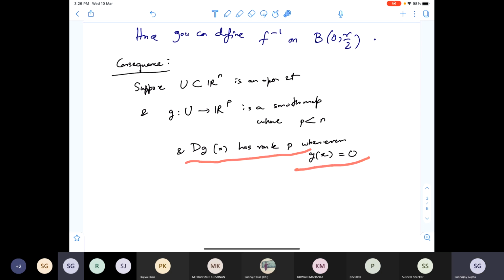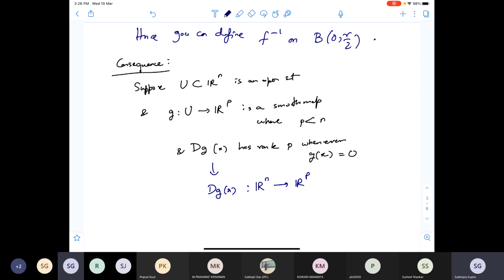So now what's the derivative? The derivative, at any point x in U, is going to be a linear map from Rn to Rp, right? And so this is a vector space of dimension n in the domain and dimension p, which is smaller, in the target.